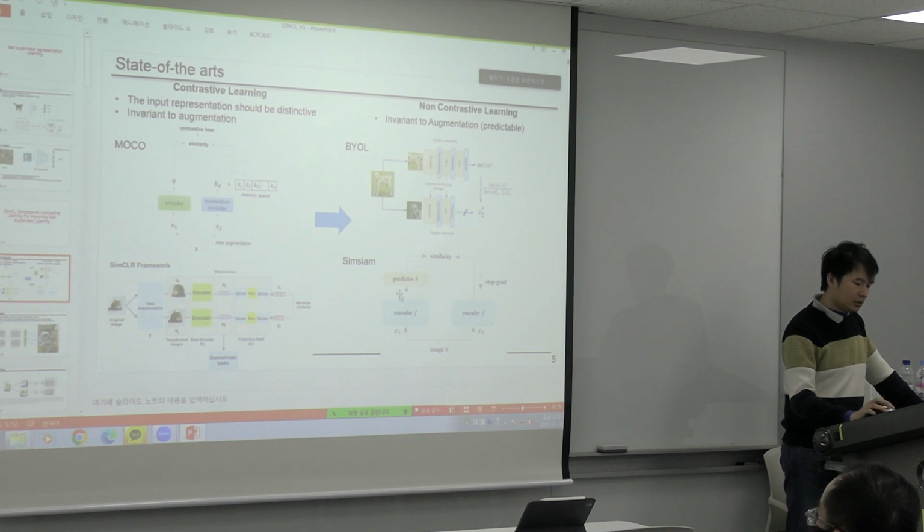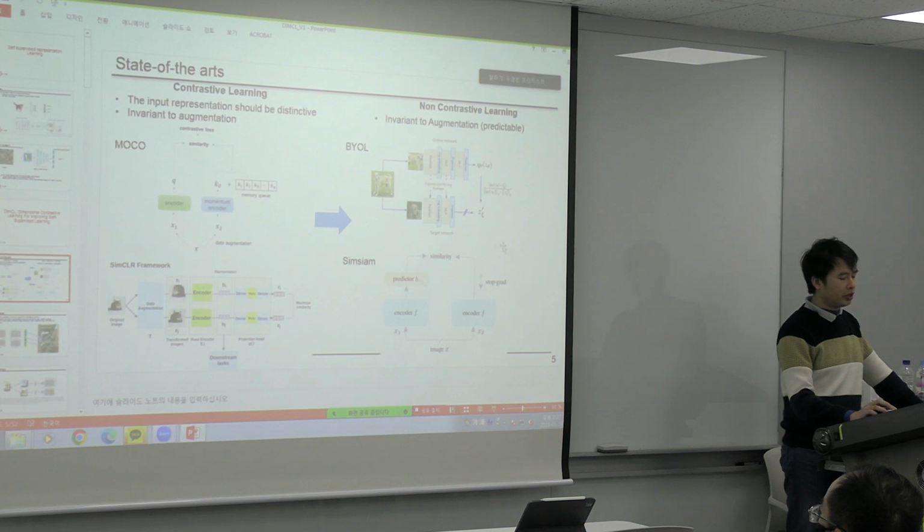And our work, which is SimSiam, also considers representative methods of non-contrastive learning. They analyze that the benefit of preventing collapse does not come from the momentum encoder, and does not come from the prediction layer, but it comes from the stop gradient here.